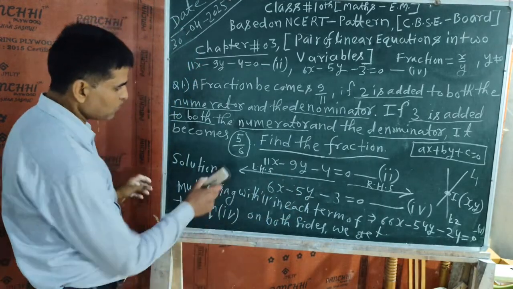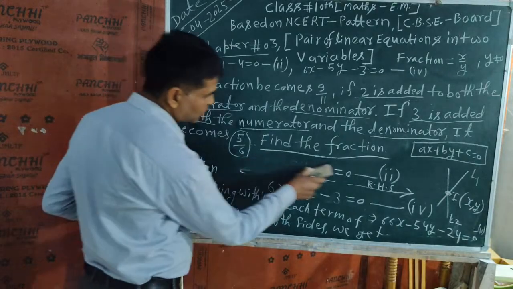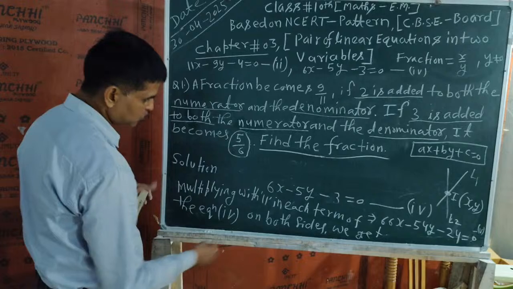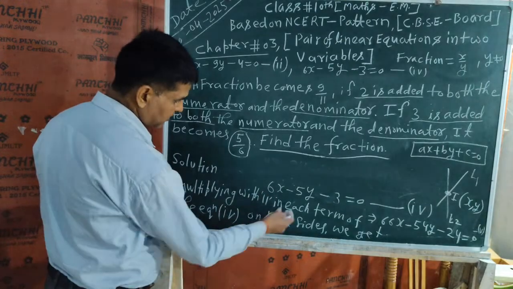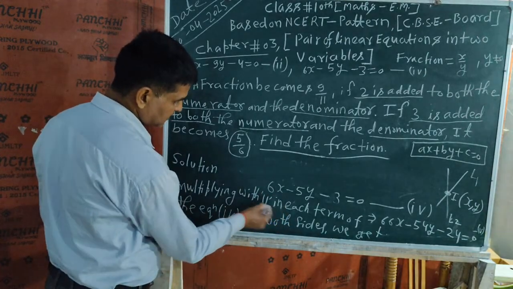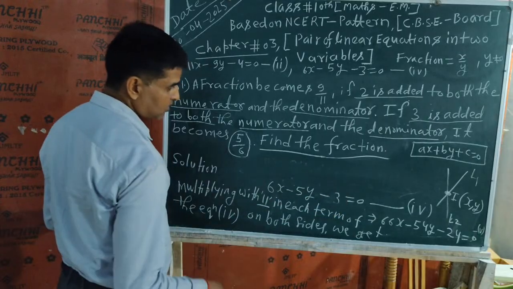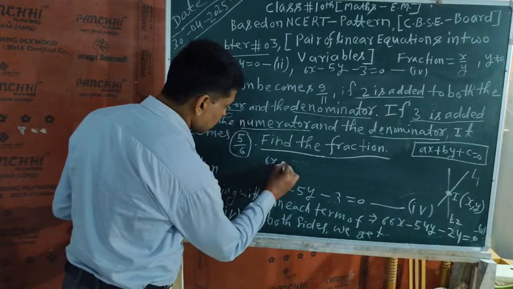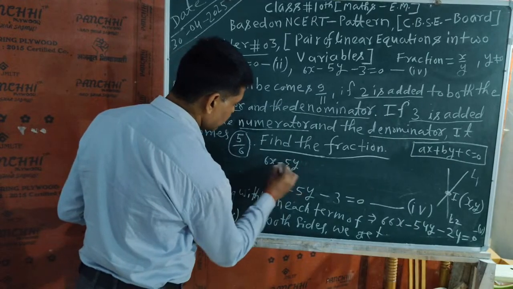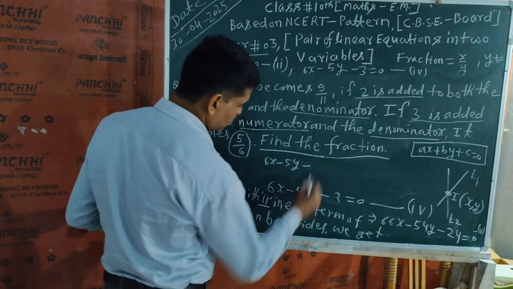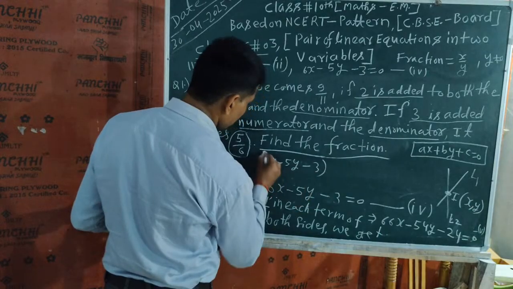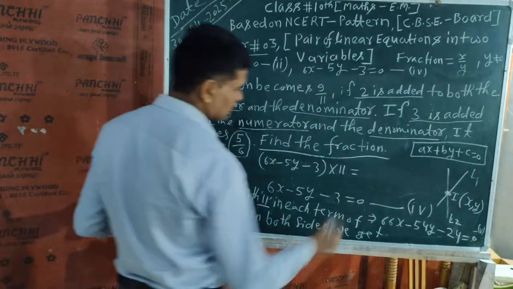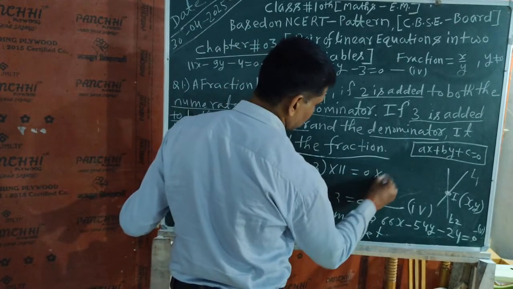Now this information I am going to erase because there is no space here, so I will use it in equation number 4. I will write 6x minus 5y, then minus 3, and we have to multiply with 11, and on the right hand side I have to write 0 into 11.